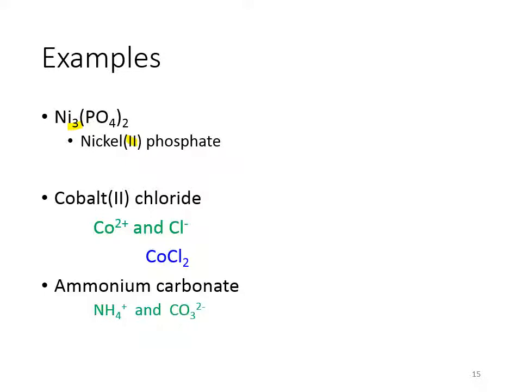And then after the parentheses, you put a subscript to indicate how many units of that ion are necessary. In this case, we need 2 ammoniums for every carbonate. So we write the formula NH4 for ammonium, put it in parentheses. After the parentheses, we put a 2 to indicate 2 ammoniums, and then we put the formula of the carbonate ion. So we have (NH4)2CO3.